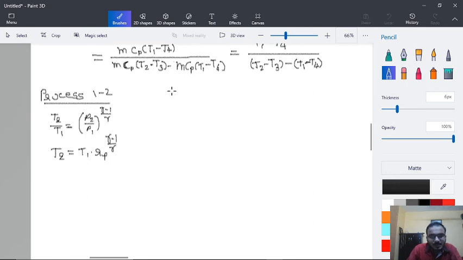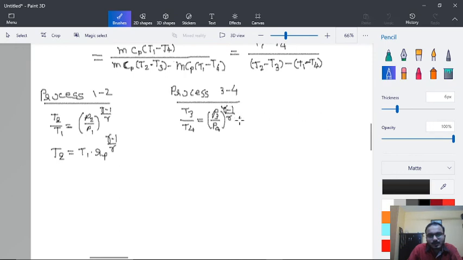Similarly, we can discuss process 3 to 4, where it can be written that T3 by T4 is equal to P3 by P4 raised to gamma minus 1 over gamma.